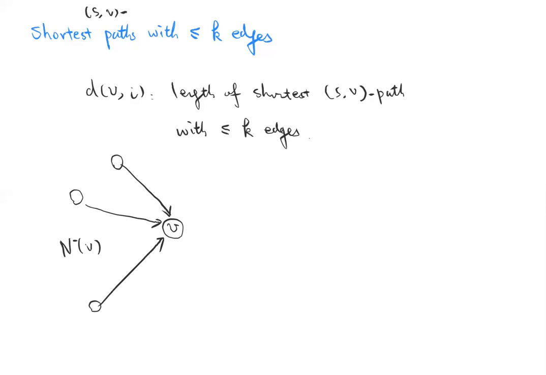So then d(v, i) uses at most i edges. So for these vertices, we're allowed to use at most i minus 1 edges. Because I use 1 more edge after that. So this one will be the minimum over all these vertices.